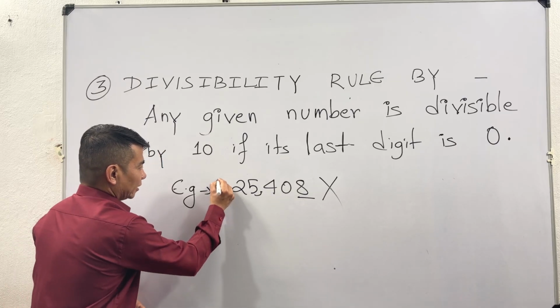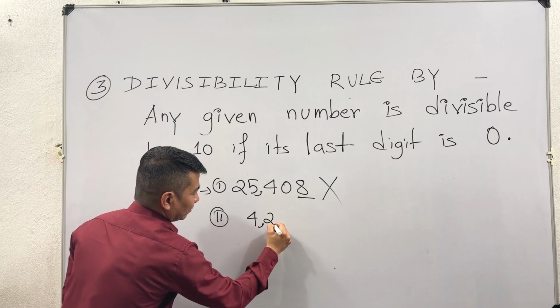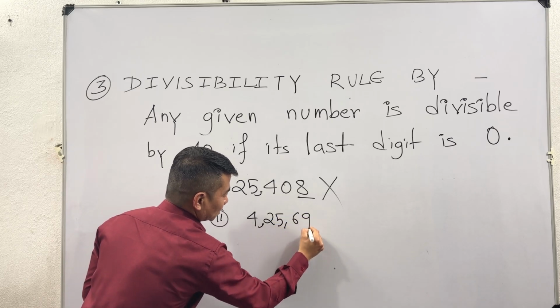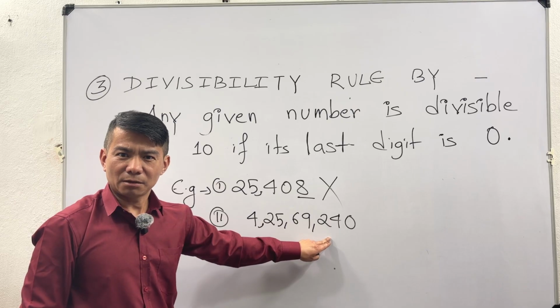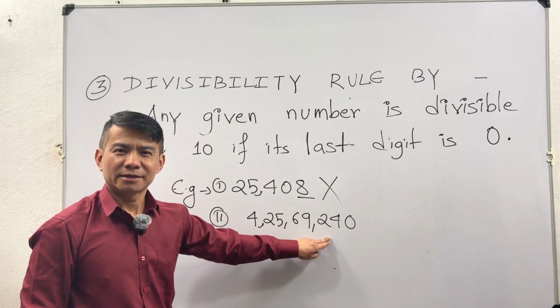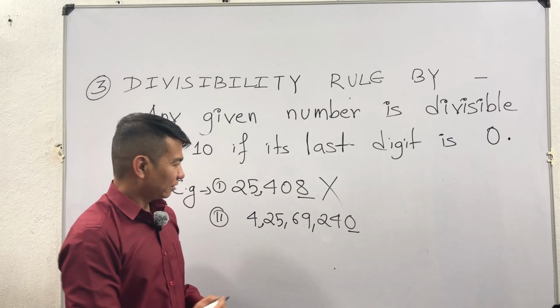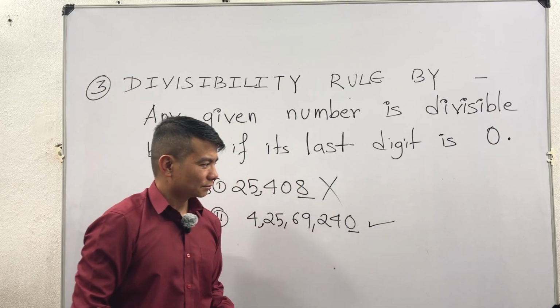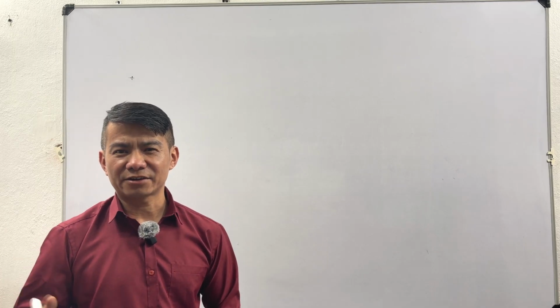I'll take another example: 4 crore 25 lakhs 69,240. Is this divisible by 10? Yes, because the last digit is 0. So these are easy. We learned the divisibility rule of 2, 5 and 10.